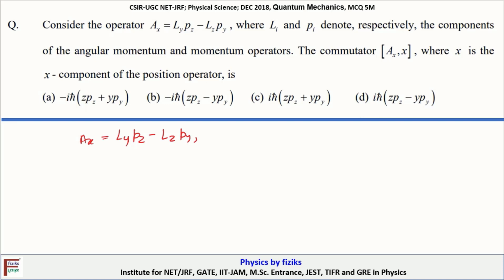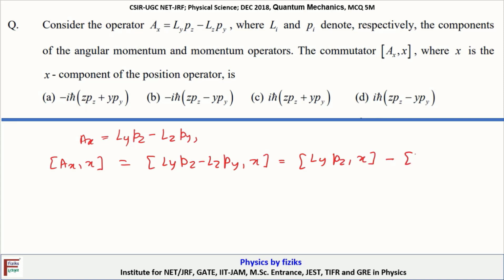We have to determine the commutator of Ax with X. Now we can simply write it down. The value of the commutator of Ly Pz minus Lz Py with X, we would have it as Ly Pz X minus Lz Py X.